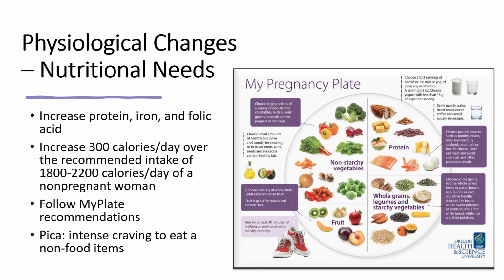All right, so let's talk about nutrition during pregnancy. Obviously, as a pregnant patient is developing her pregnancy and growing this fetus in utero, it's very, very important to make sure that we educate and promote a healthy diet. And a lot of that comes from our nutritional needs. A lot of times we can prevent spina bifida, diabetes, a lot of different complications to the fetus if mom has a healthy diet.